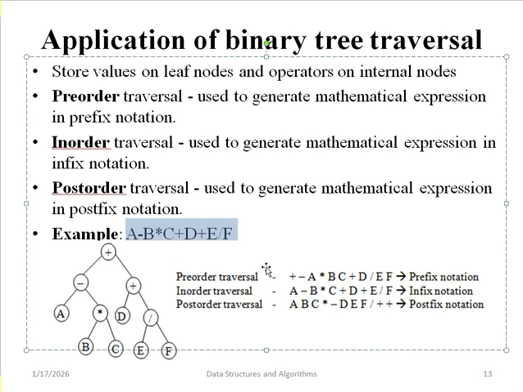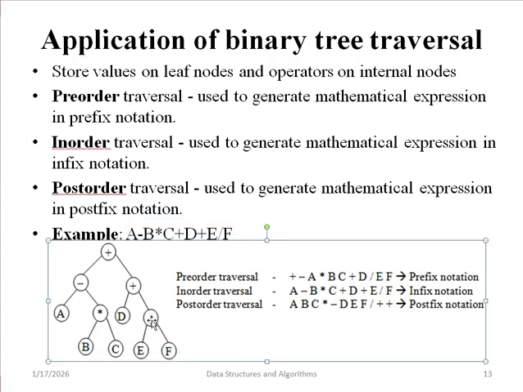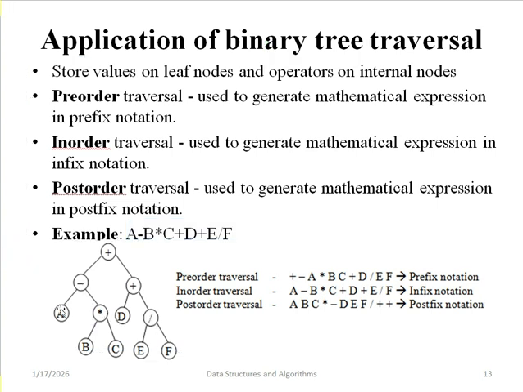Another thing that we have to keep in mind is that when we are constructing the binary tree for mathematical expressions, the operators are put in internal nodes, whereas the operands are put in terminal nodes of the tree. That's why, as you can observe on this tree, the operators are internal nodes and operands are terminal nodes.